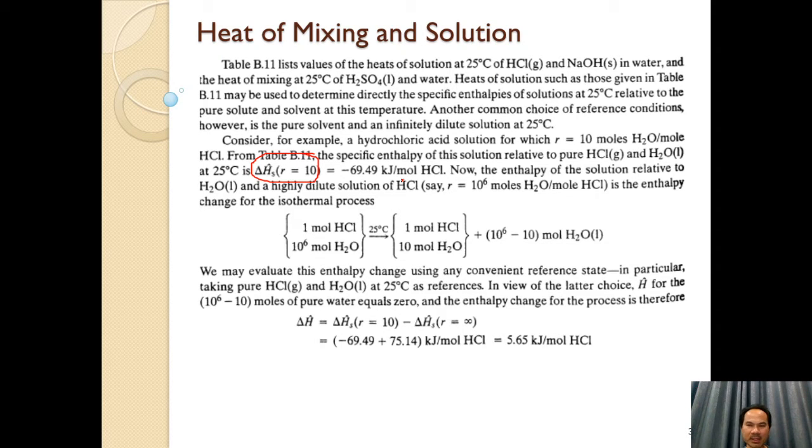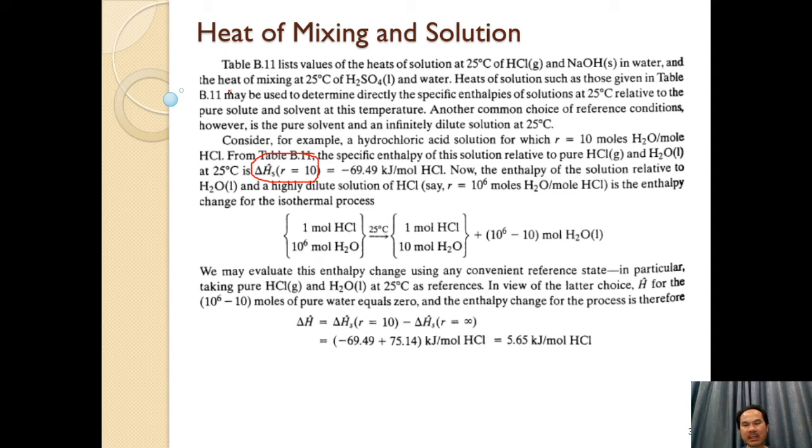It's a very, very dilute solution. The enthalpy change for this case is approximately 1 mole HCl and 1 million mole water from 25 degrees Celsius, which is equal to 1 mole HCl and 10 mole water plus 1 million minus 10 mole of water.